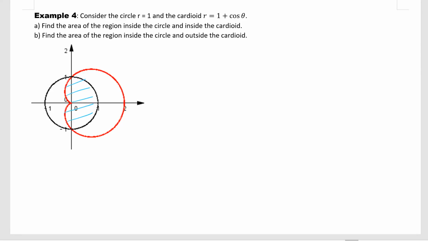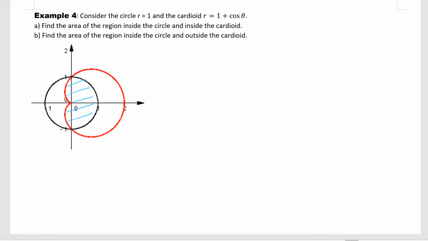Part B, find the area of the region inside the circle and outside the cardioid. So part B is like here. Can you see part A and part B? Together they are the area of the circle. So once we get the area of part A, we can use the area of the circle, subtract part A, to get part B.